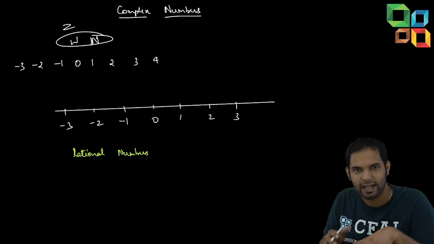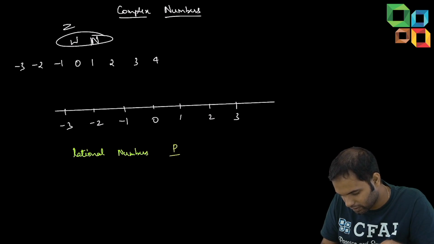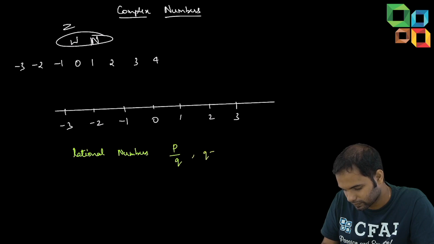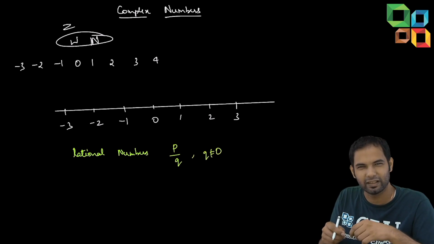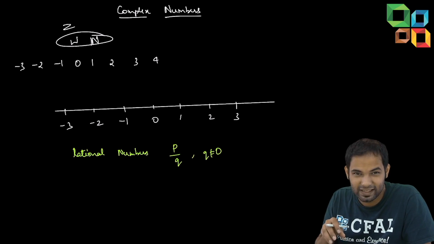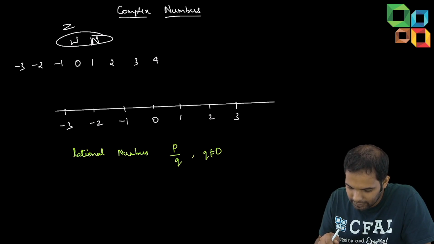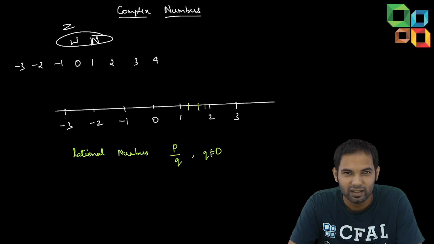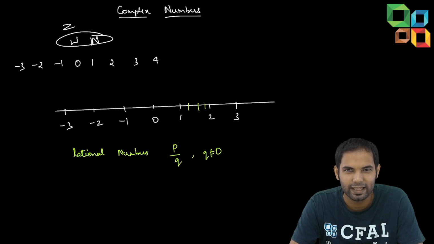Now we define rational numbers as any number in the form of p by q, where q is not equal to 0. The specific condition is why we can't have q equal to 0. When we gave this definition, we saw that we could take many things in between. Now you may think, why would we require such a definition of rational numbers?